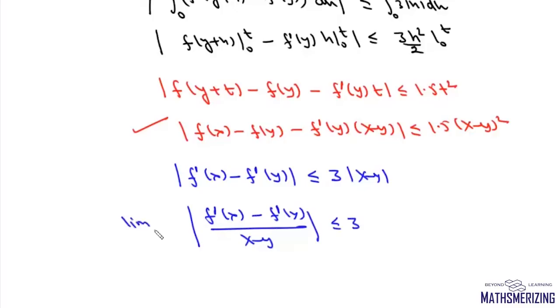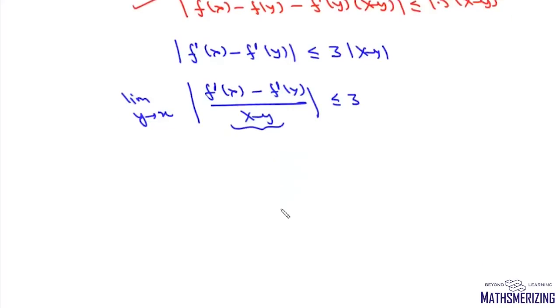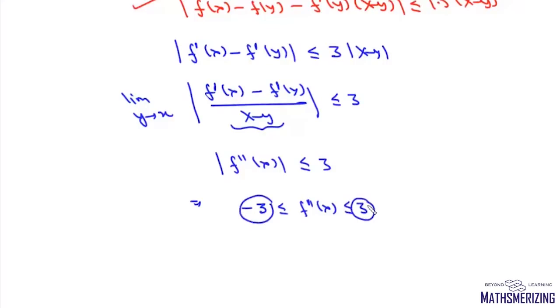Now we take the limit y tends to x, then on the left hand side this expression is nothing but f double dash x. So we can write mod of f double dash x is less than or equal to 3. Now when mod x is less than a, x lies between minus a and plus a. So f double dash x will lie between minus 3 and plus 3. So its smallest value is minus 3 and its largest value is plus 3.